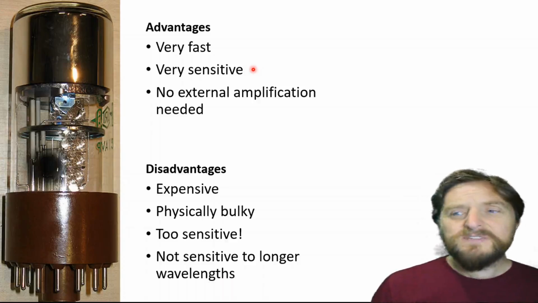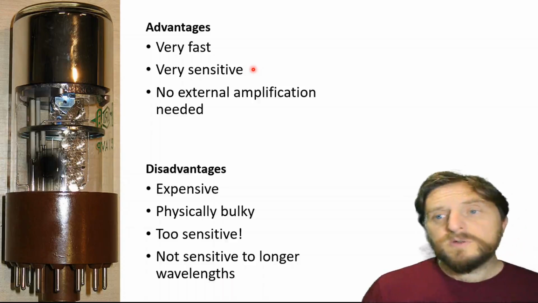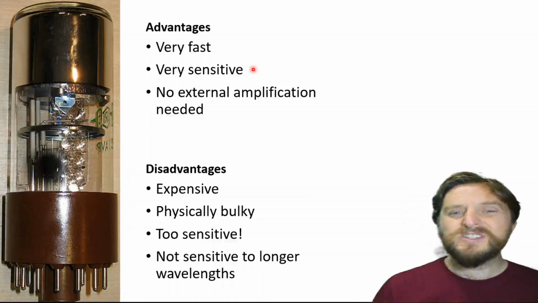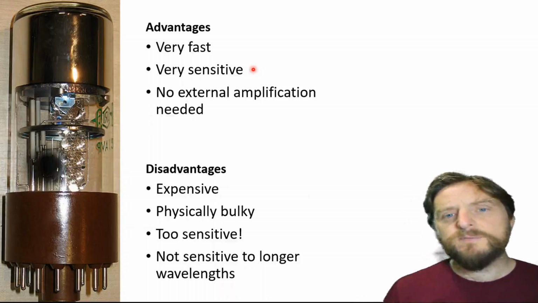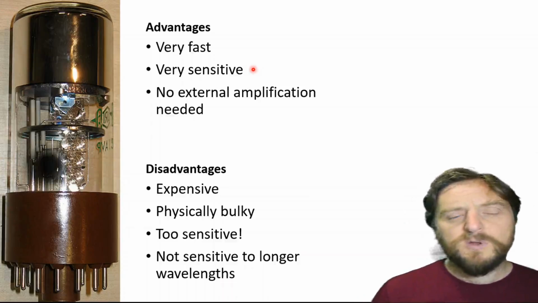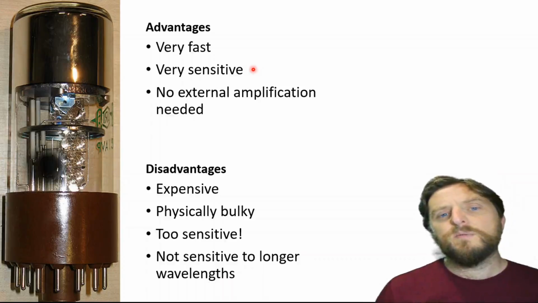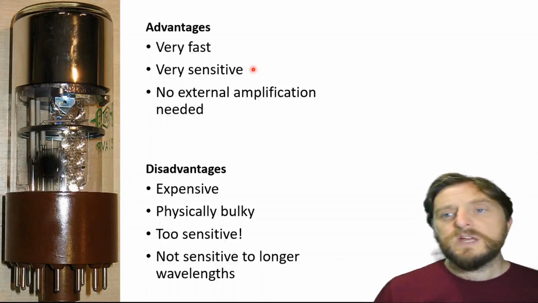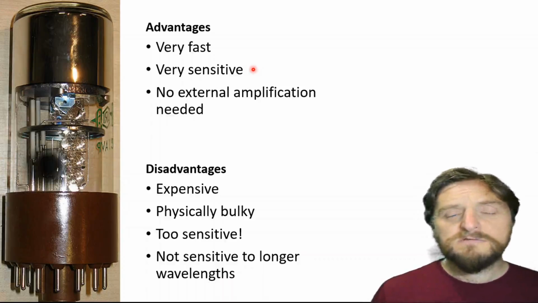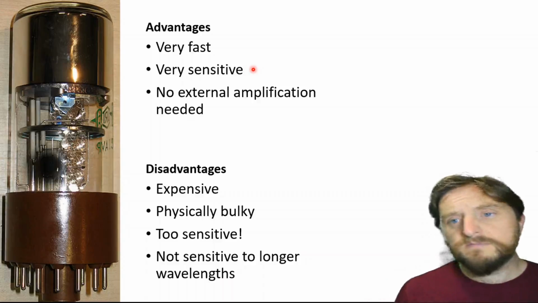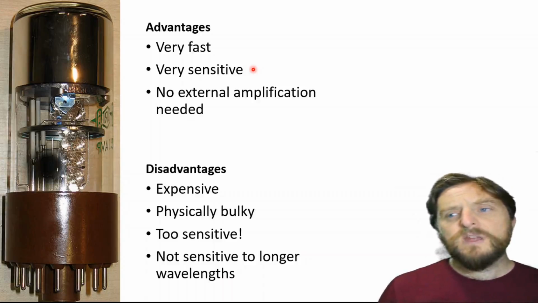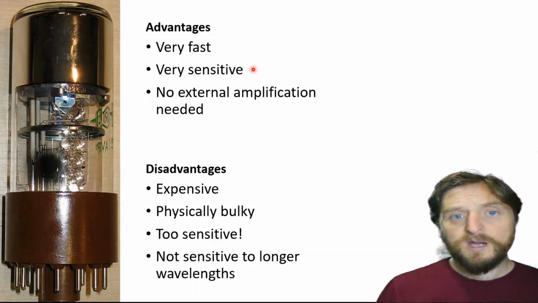They do have some disadvantages, which means that as optoelectronic components, they are nowadays relegated to very specialist applications. They are very expensive. They can be from a few hundred dollars right up to thousands, tens of thousands of dollars for the very specialized ones. They're physically bulky. They tend to be no less than maybe a few centimeters in size, but they can be up to tens of centimeters in size.